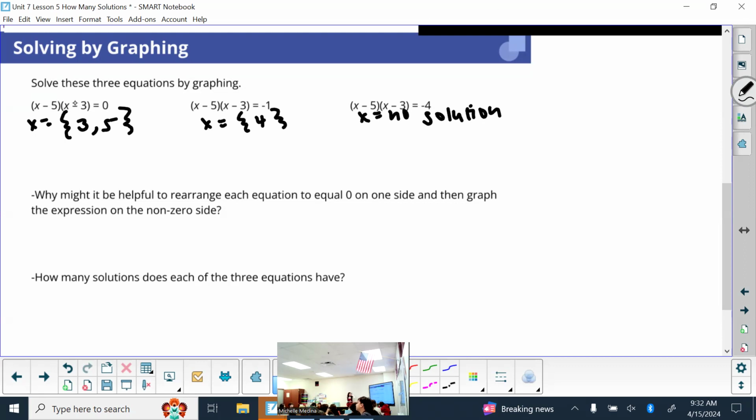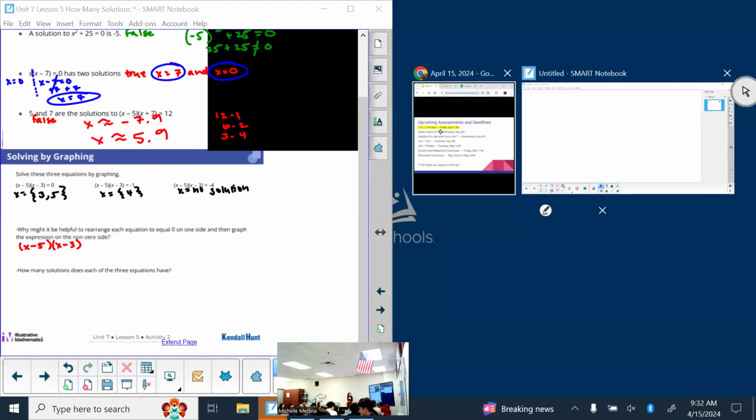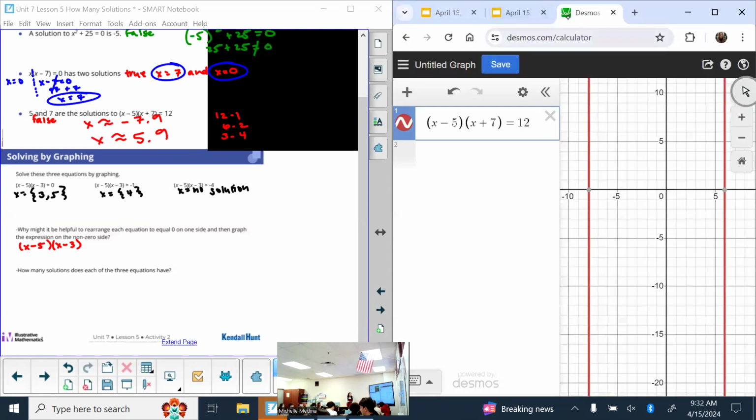So for example, this first equation already is equal to 0, so that's an easy one to try. What it means is that when you're graphing it, you're graphing just the side that is not 0. Okay, that's what it means by non-zero side. So see the difference if you put it with the equal sign equals 0 and without the equals 0 part.